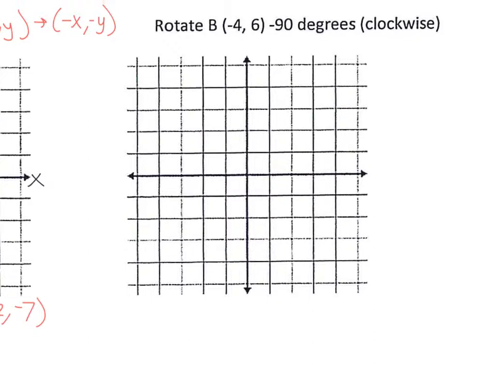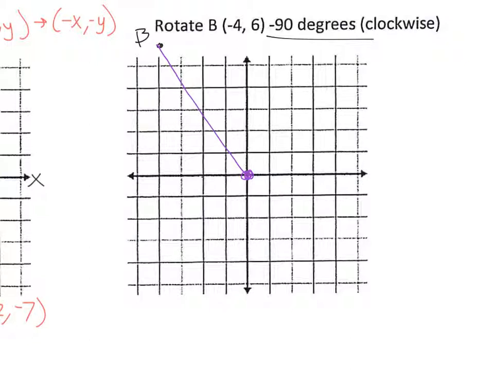Okay, then rotate B negative 90 degrees. So if I have negative 4, 6, 1, 2, 3, 4, 6 up here, this is B, and I'm rotating it negative 90 degrees. So you're rotating it about the origin. Again, it should say the origin. I'm going to connect it here, and this purple needs to be equidistant.